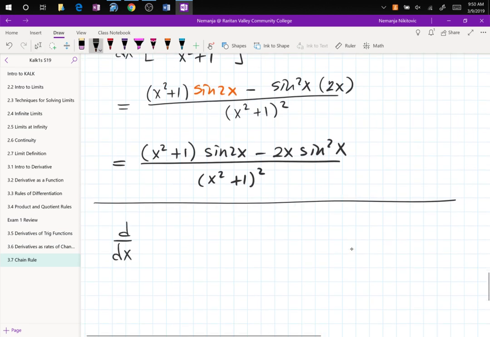How about the derivative of e to the 4x divided by 2x plus 7, raised to the 6th power?